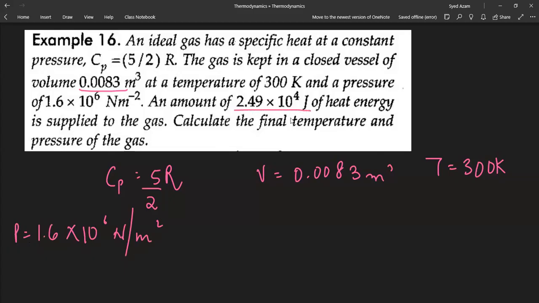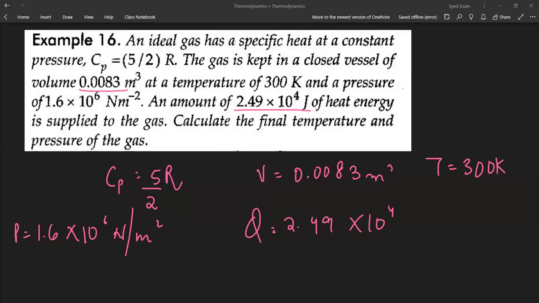The amount of heat energy supplied to the gas is 2.49 into 10 to the power 4. You have to calculate the final temperature and the pressure of the gas.